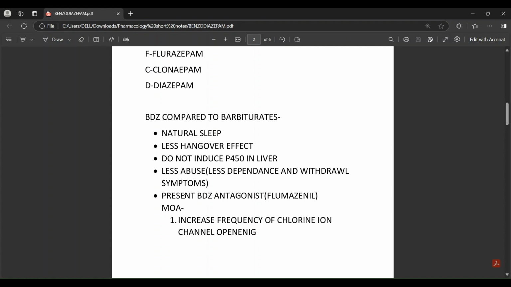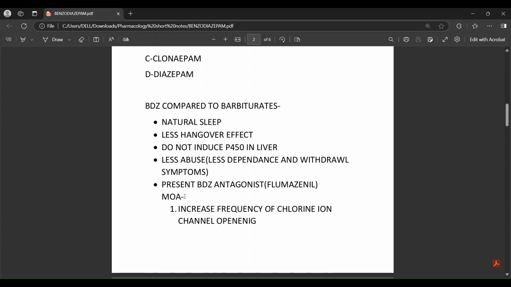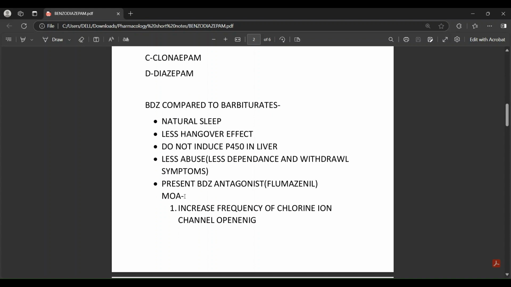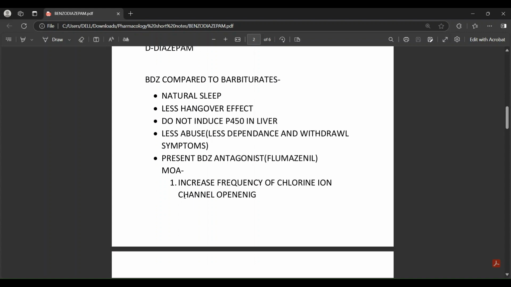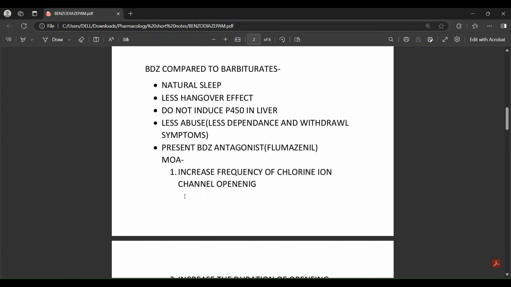In the next video we will talk about barbiturates, but compared to barbiturates, benzodiazepines have good effects. Nowadays barbiturates are less used practically, but barbiturates, mainly phenobarbital, are very good for anticonvulsant effect. Why are benzodiazepines good compared to barbiturates?